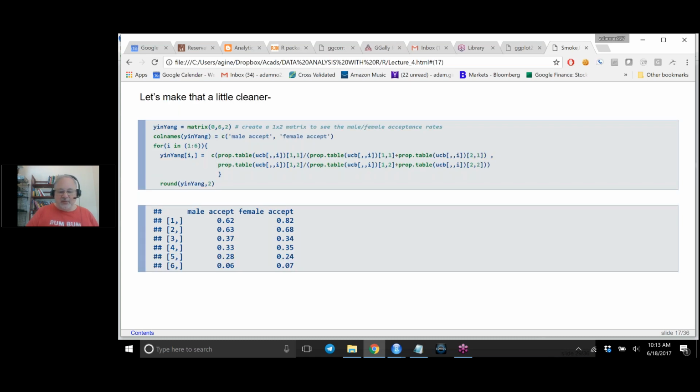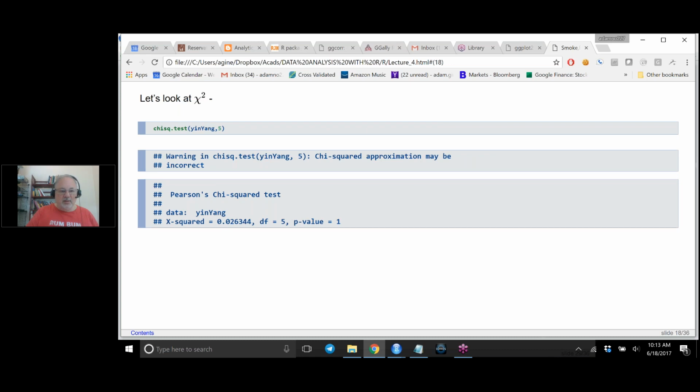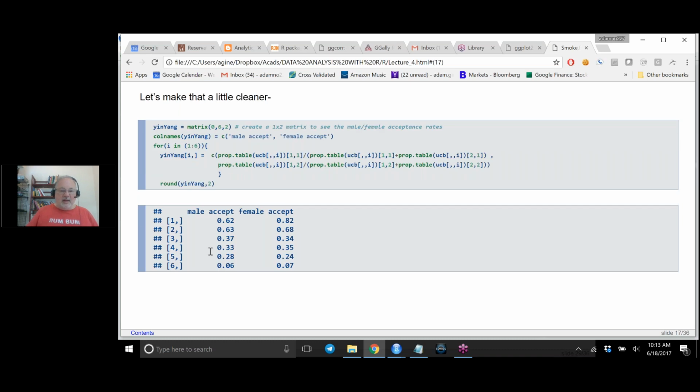Now, when we do the chi-squared test for this data, yinyang, the data of male versus female acceptance rate by department, we get this small chi-square value, df equals 5. That's why I said that you could get the answer from here. So you have 5 degrees of freedom. I put them in. It says p-value 1. What's the hypothesis? The hypothesis is that these ratios that you're seeing are drawn from the same pool.